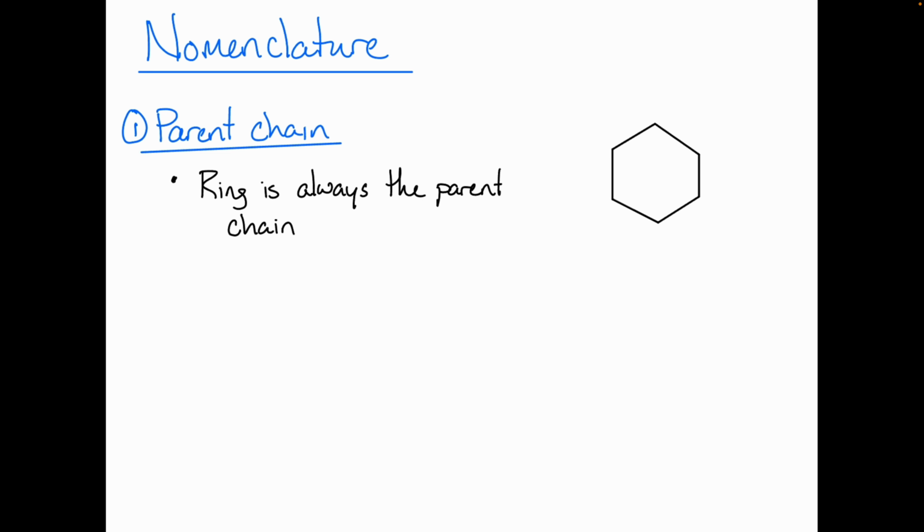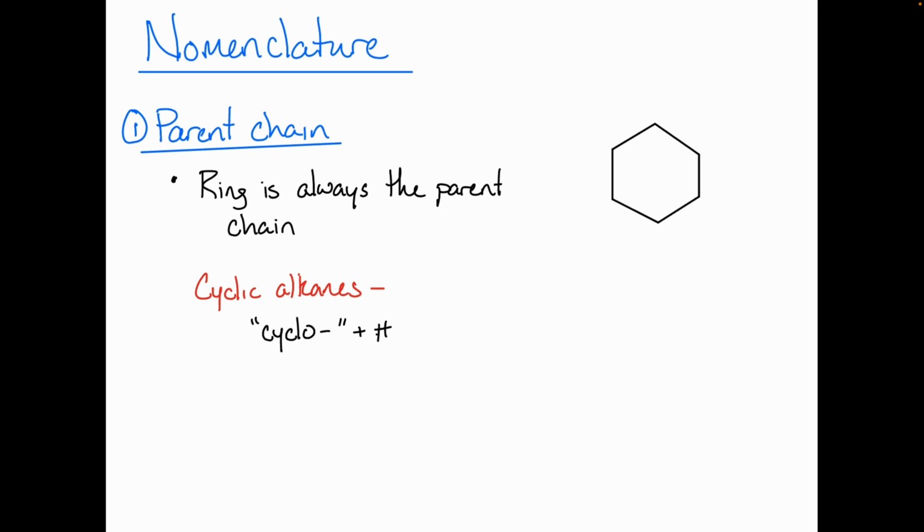All right, so now we've got to update our functional group here. How do we name our cyclic alkanes? For alkanes, it had that A-N-E ending. For cyclic alkanes, you're going to start with the word cyclo.